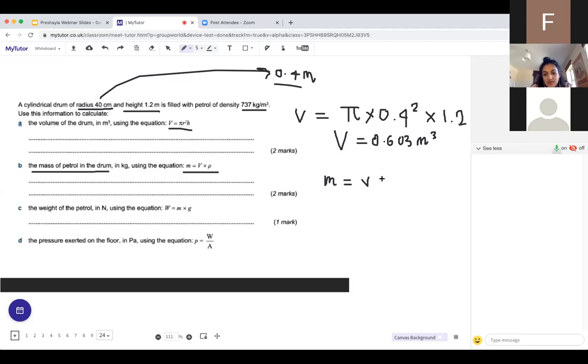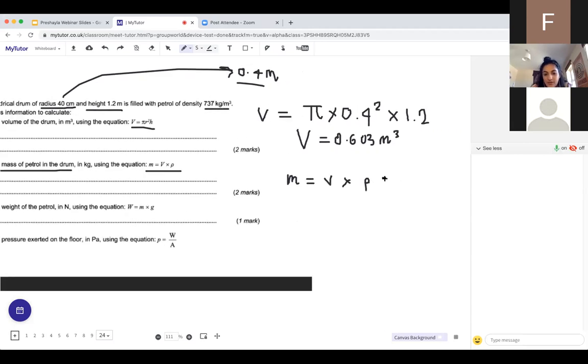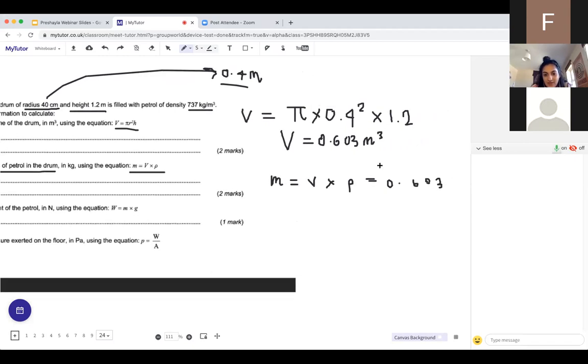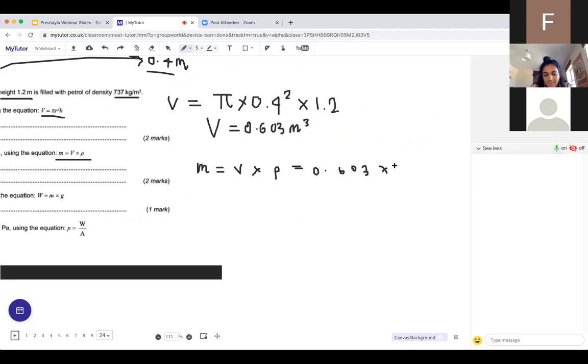Well, we've already worked out volume and we've been given density in the question. So we need to do our volume, which is 0.603, times our density, which is 737. So to find our mass, we times those two numbers together, work it out on your calculators.